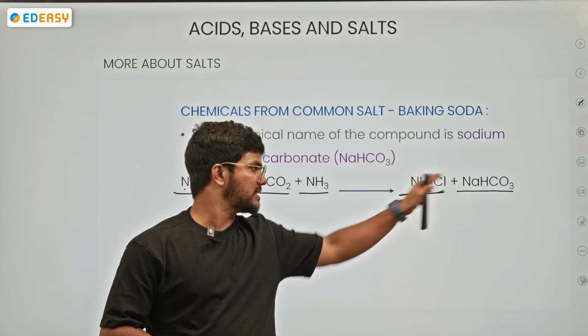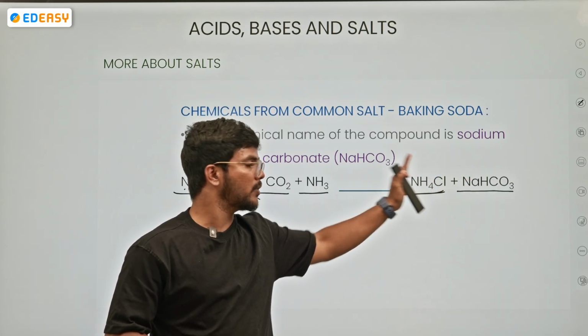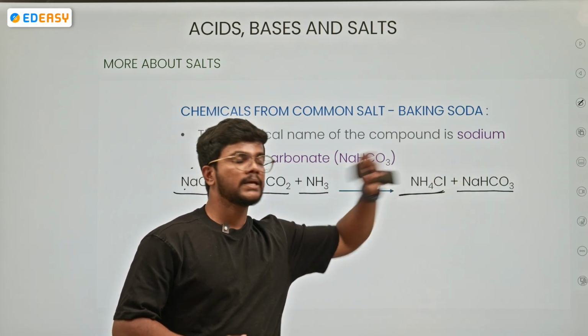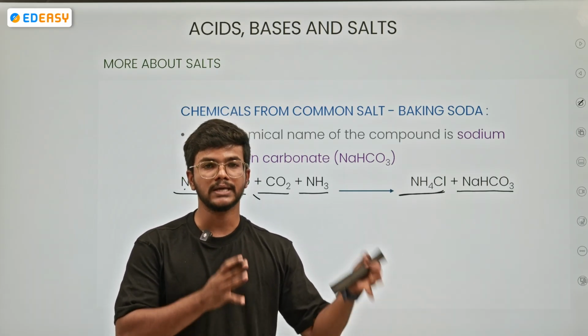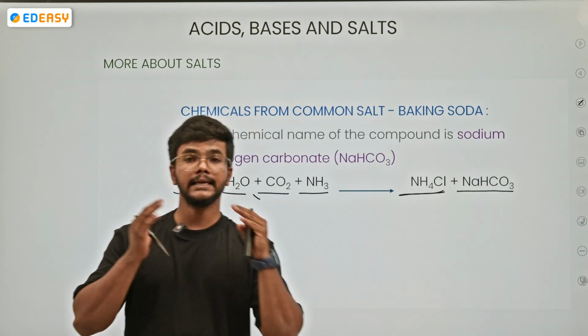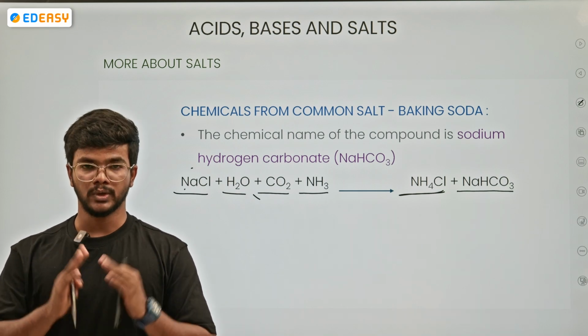From this mixture ammonium chloride is separated, then NaHCO3, sodium hydrogen carbonate, is used as baking soda.